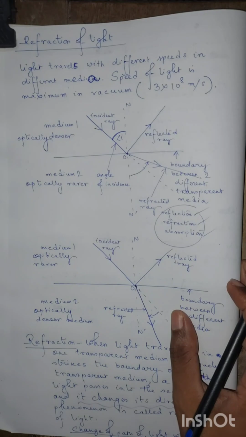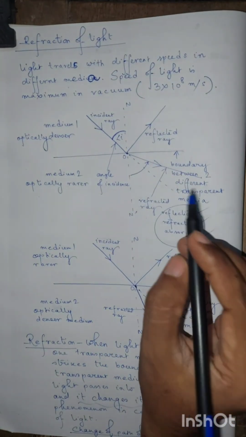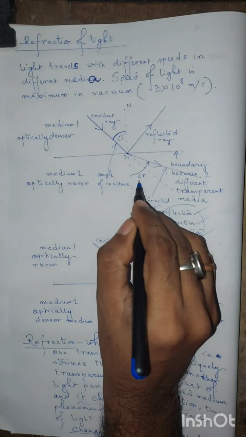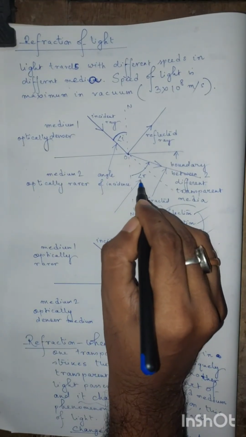And the angle between the normal and the refracted ray, this angle is called angle of refraction.